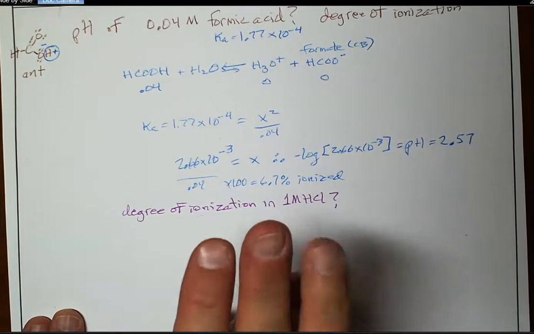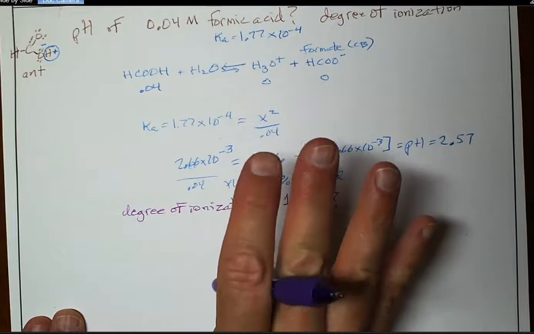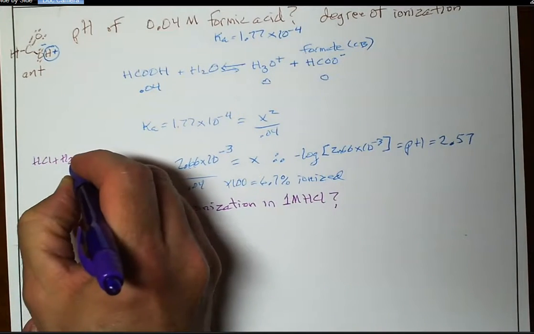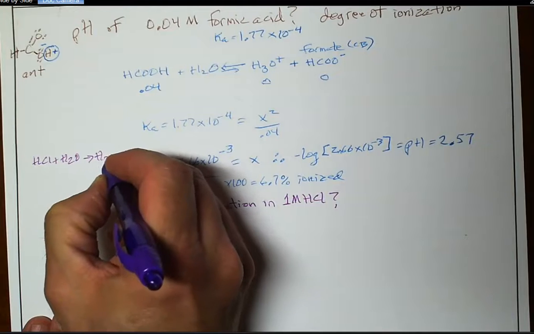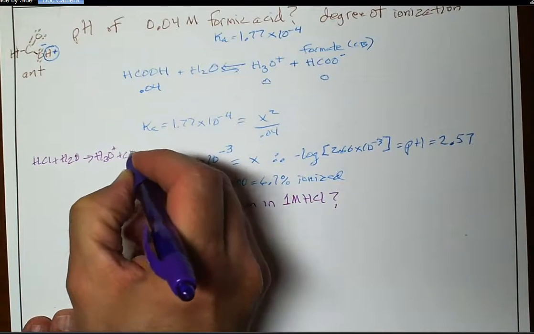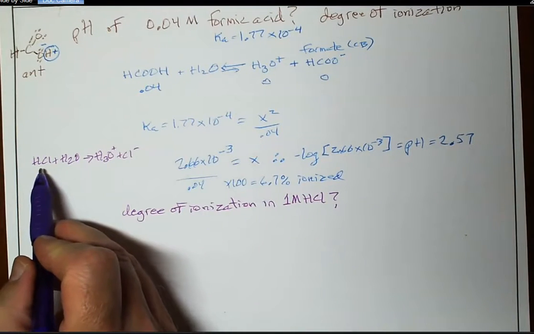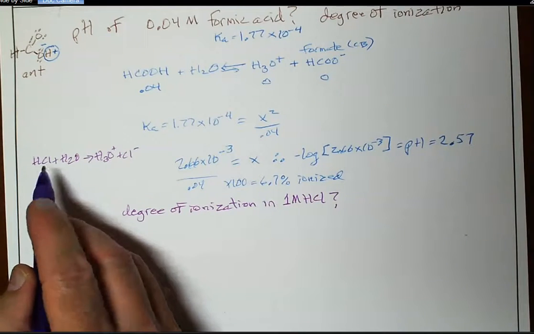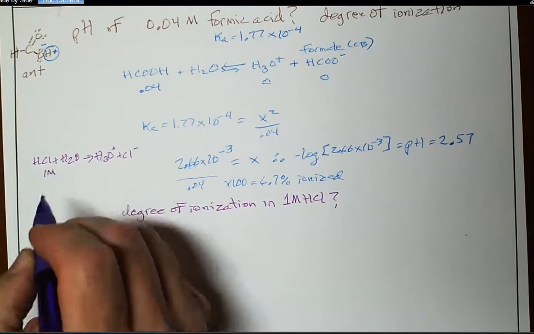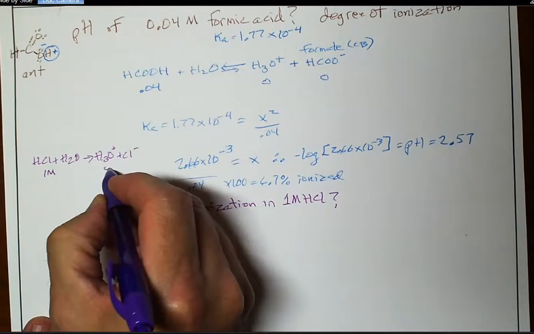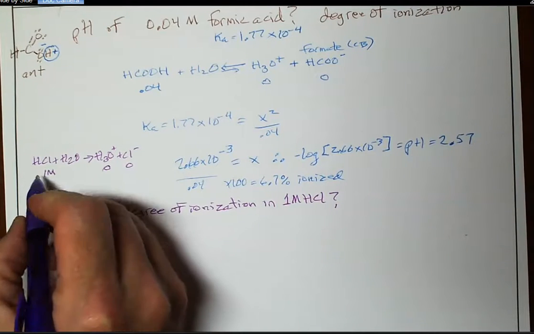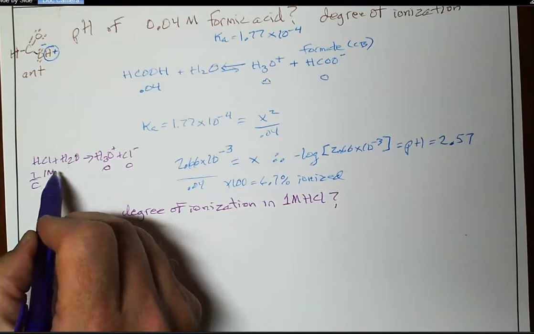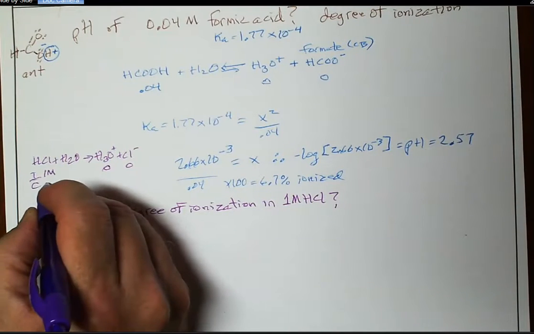Strong acids ionize completely. So when HCl is put into water and it forms hydronium and chloride, how much hydrogen chloride remains? If it starts at 1 molar, and this starts at 0 and this starts at 0, how much of that 1 molar ionizes?